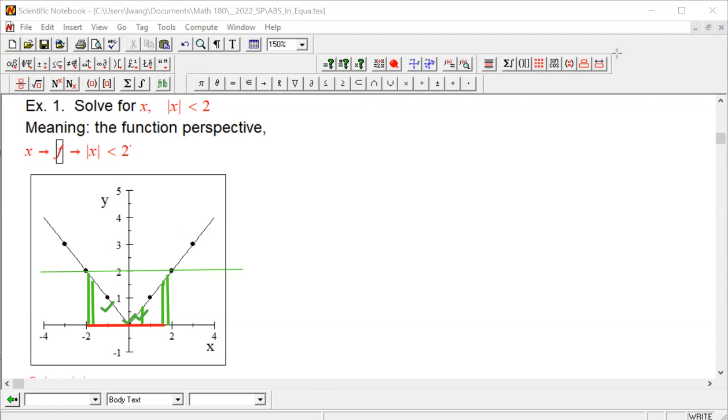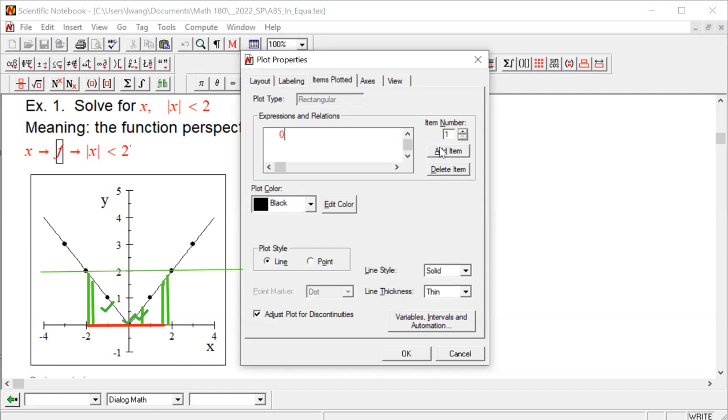So let me draw the picture. In terms of input, at -2 we're going to put a circle, and another point, which is 2, is also going to be a circle, and everything in between.